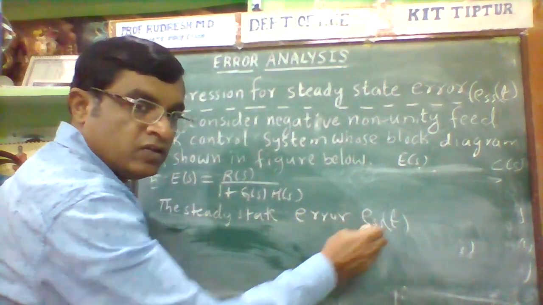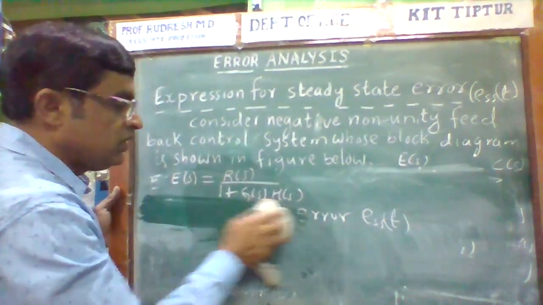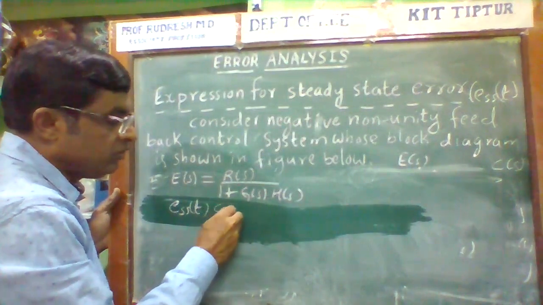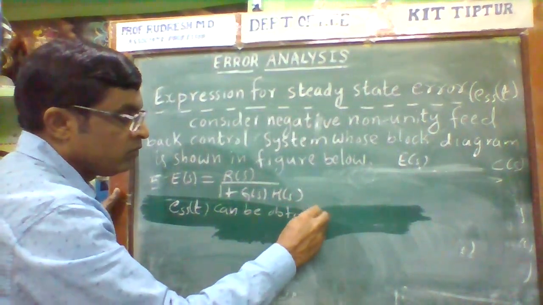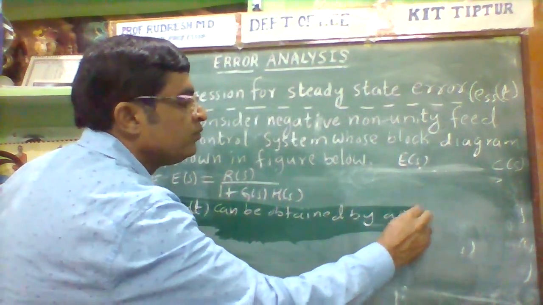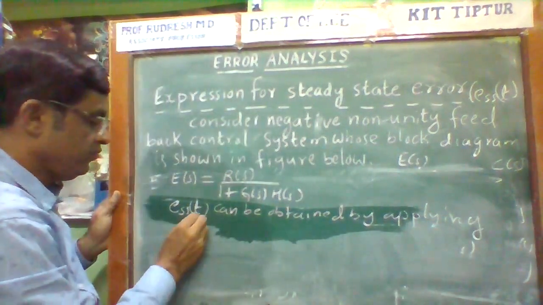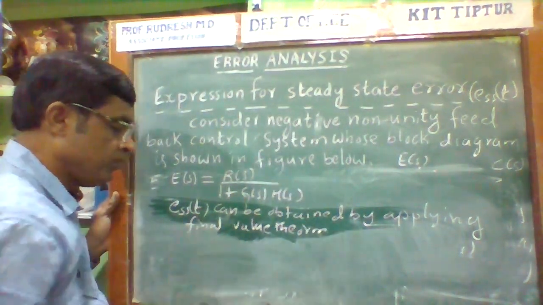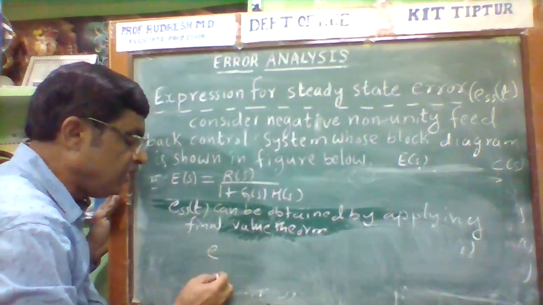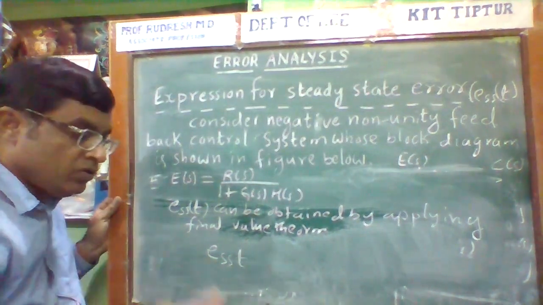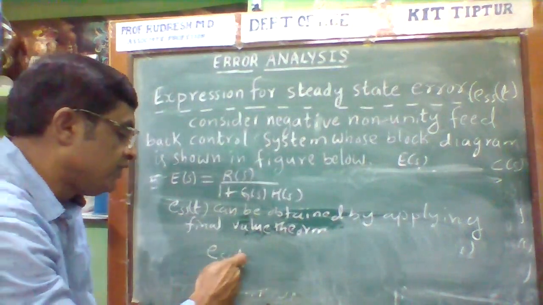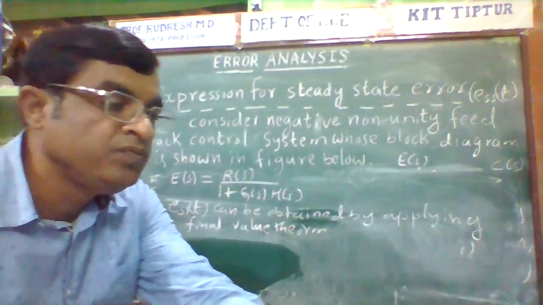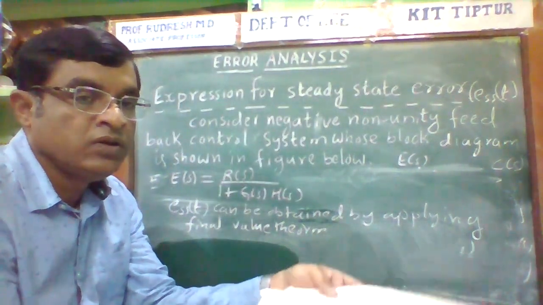Final value theorem. e_ss(t) is the steady state error, and it can be obtained by applying the final value theorem.